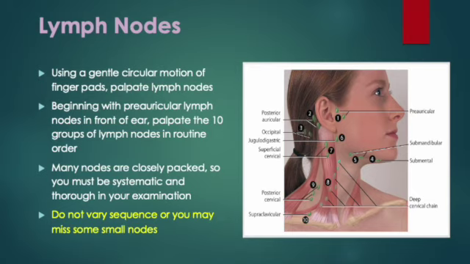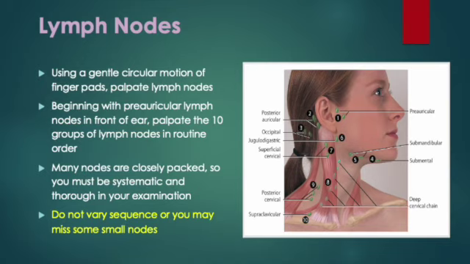Usually lymphadenopathy, which means enlargement of a lymph node, if it's over a centimeter from infection, allergy, or neoplasm, might have a little bit of tenderness, but we can most often figure out the drainage pattern from an infection or an allergy.